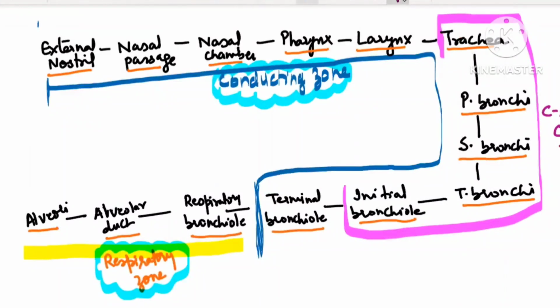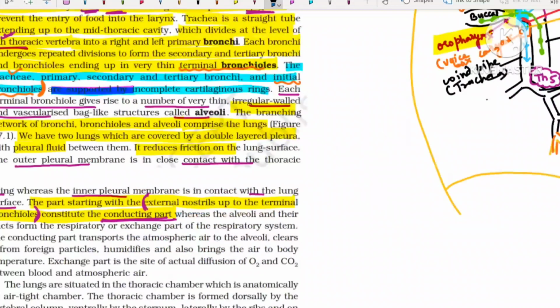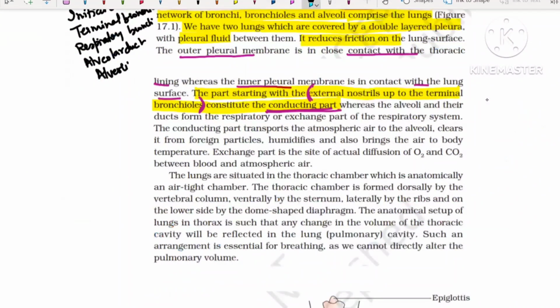We start from the external nostril till the terminal bronchiole. Which zone are we calling it? Conducting zone. Clear, beta? It is known as the conducting zone. See carefully now. Alveoli and their ducts make the respiratory or exchange part of the respiratory system. It means they make the respiratory part, also known as the exchange part.